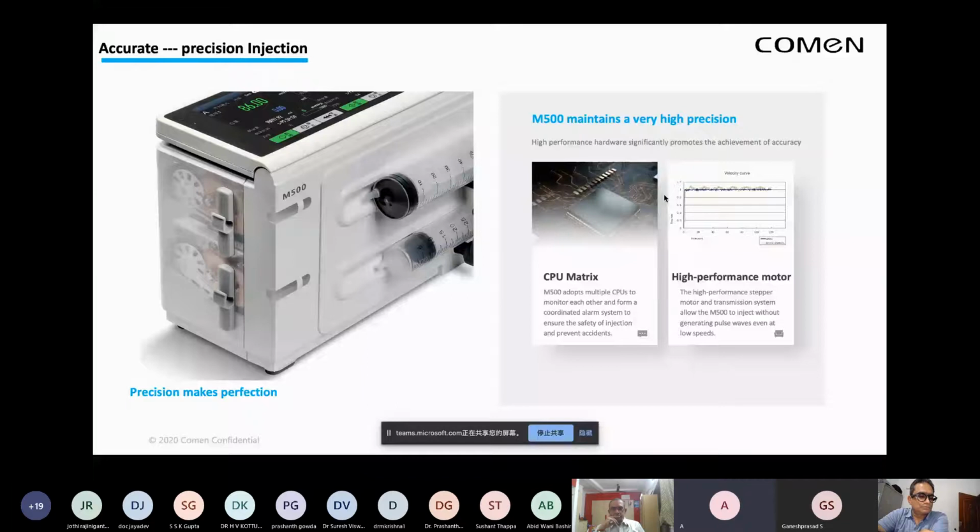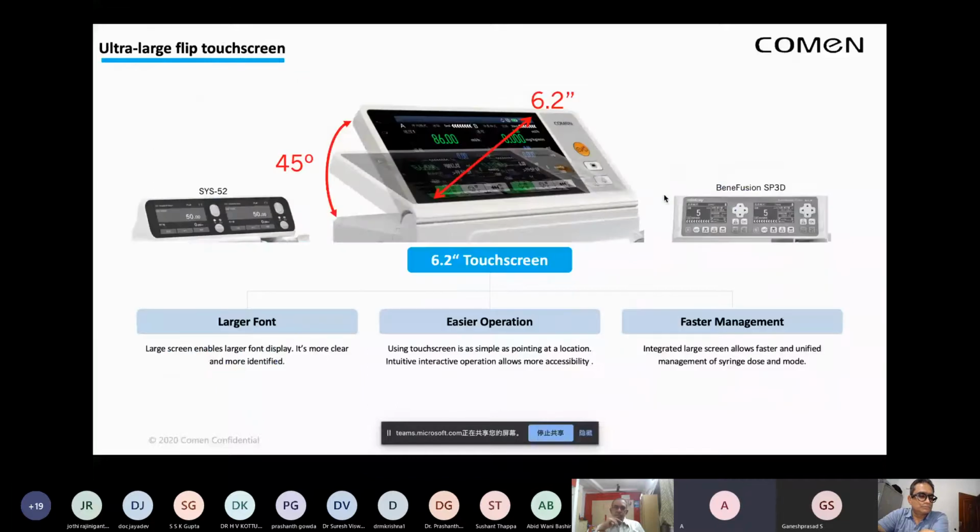And one more, some features of this machine. Number one, it has a rotatable display. For different views, you can adjust the display, so it is much more convenient to use. For the display, you can also set different fonts, such as a large font for long distance.